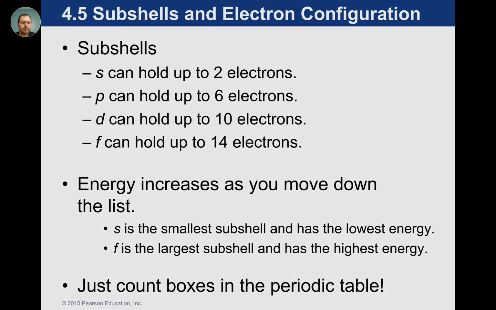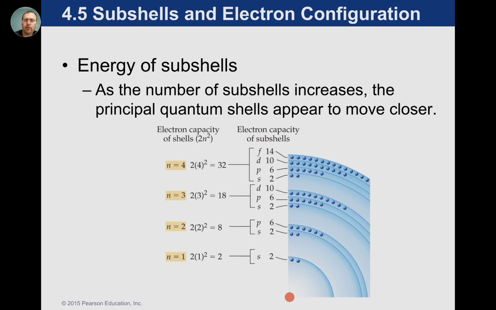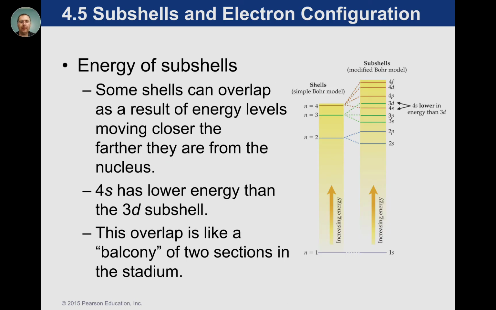So eventually we have an issue. We have all these electrons piling up at the outer edges of our periodic table, which is the outer edges of our stadium. And this is what happens. We have an overlap. In reality, we would call this overlap a balcony.